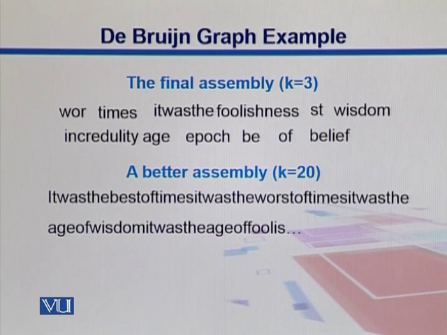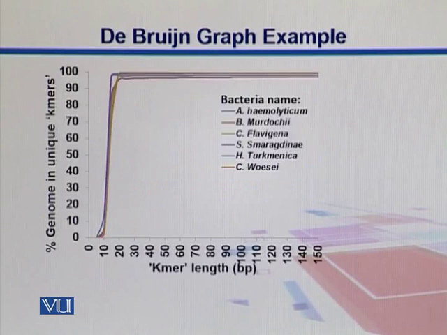But are longer k sizes a solution? Yes, no? What do you think? Let's look here. We have some different bacteria. They tried different Kmers, and this is the percentage of the genome they got in unique Kmers. When they increase from 0 up to 20, they can capture most of the genome while increasing the Kmers.